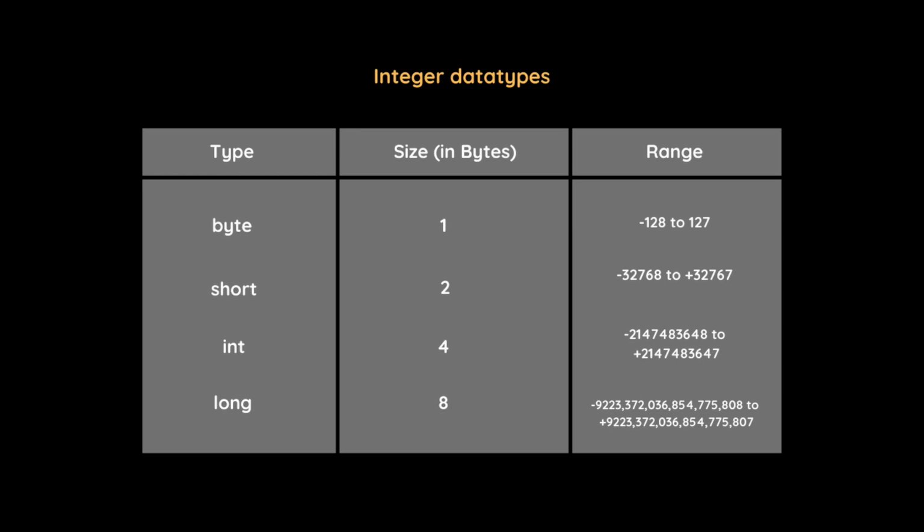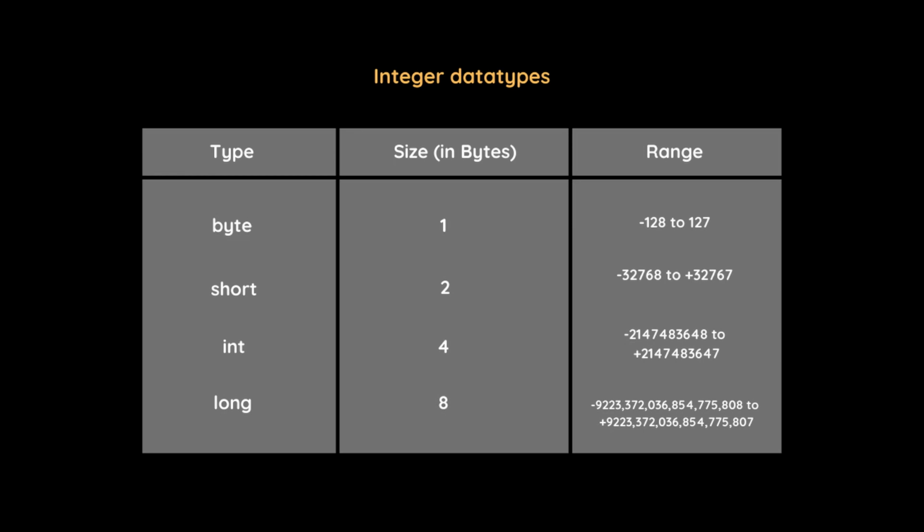As you can see in the integer data types, byte takes only 1 byte in memory and its range is -128 to 127, which means it cannot store values smaller than -128 or greater than 127. If we want to store values above this range, then we can use short, int or long.